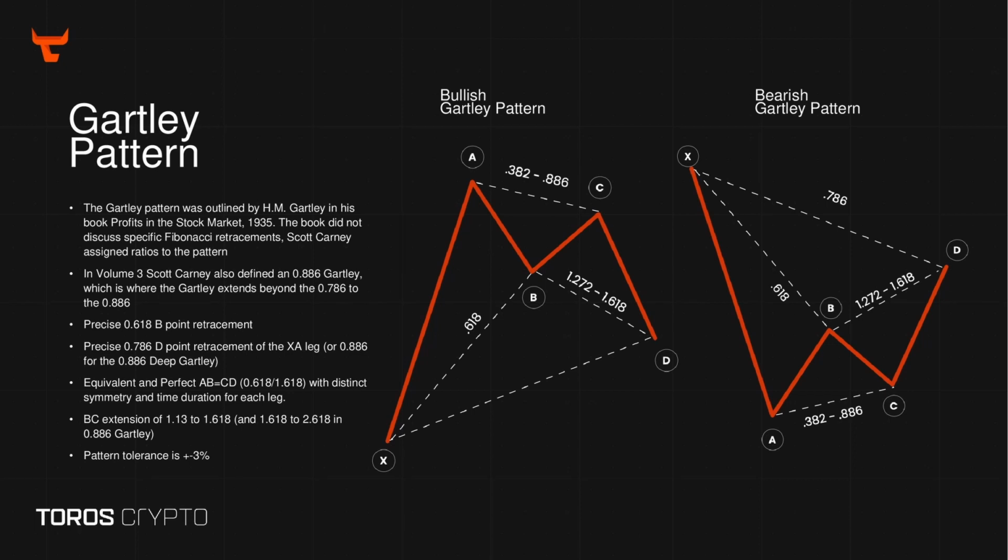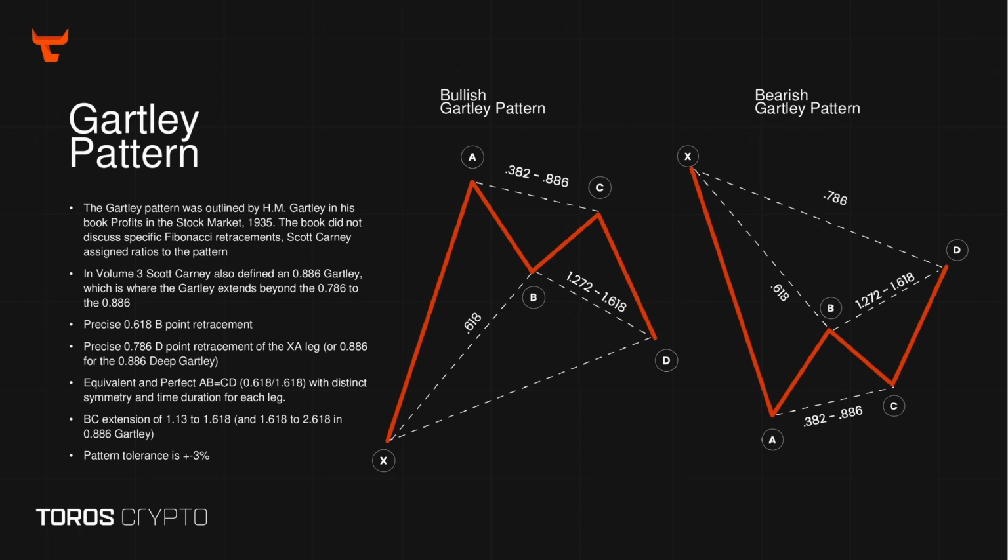Gartleys require tight alignment, and that's why the pattern tolerance is plus or minus 3%. But really, the tighter the alignment for a Gartley, the better it is. Also, upon completion of a Gartley, I always look for a reaction, and the reason for that is the 786 is a lesser retracement than all the other patterns.